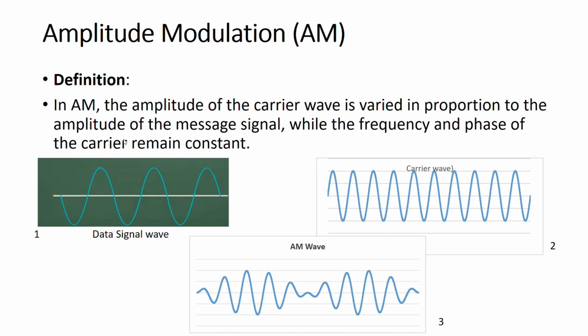So here is the data signal wave and here is the carrier wave. The data signal wave is what we want to transmit, and the carrier wave, with higher frequency, is used to transmit the data signal.